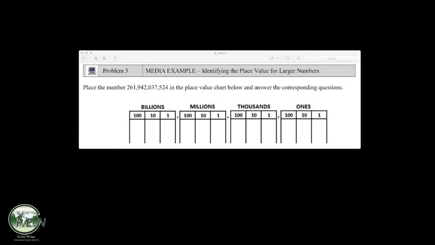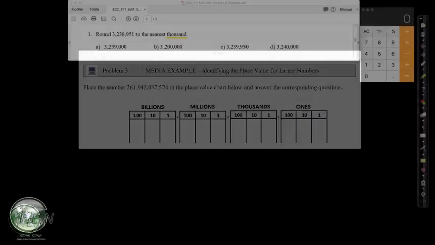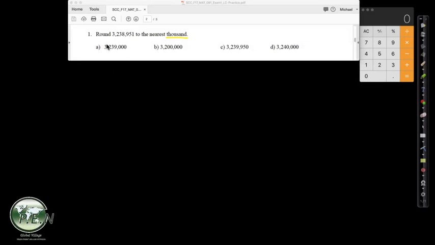We start off with the ones, the tens, and the hundreds. The thousands are the next, right after the comma, and the thousands place is right after the comma. So that's the digit we're going to be looking for. So what we're looking to round to is right here. So we're going to look at the 8.